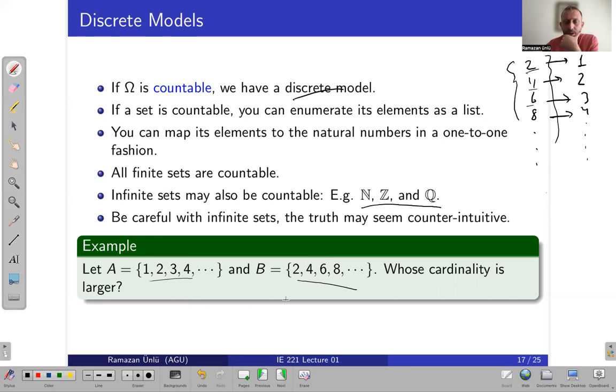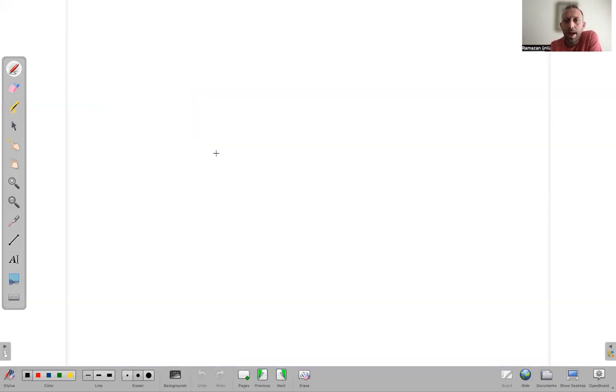No matter where they start or how they go, whether they are even numbers or odd numbers, it doesn't matter. They will go infinitely, and that's why they will have the same number.